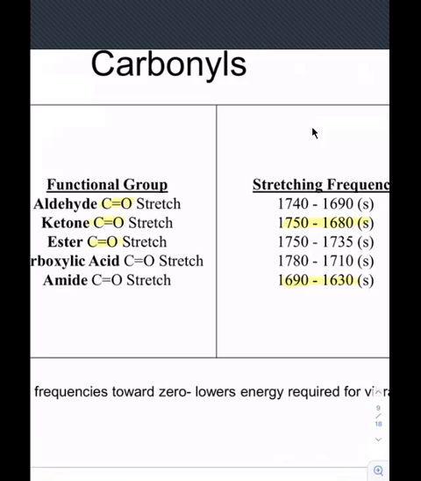Your best method for confirming the identity of a molecule is NMR, not infrared or mass spec. They're complementary techniques. So this is a good example of why it's complementary and not simply the only method that you would use, because a lot of your frequencies overlap. And when that happens, you can't tell one thing from the other if you don't have any other information. So you can't determine the structure from infrared. You can only determine what functional groups are present.